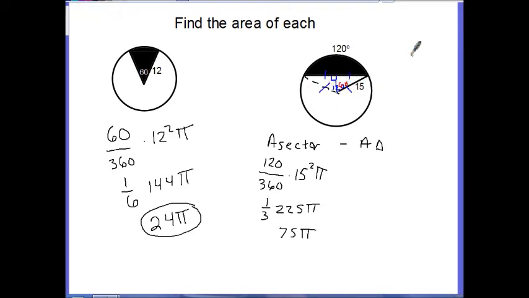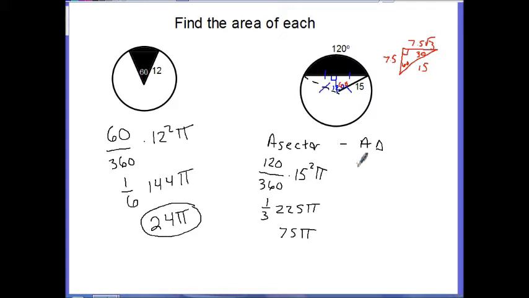I'm going to take one of those triangles and pull it out here. We have that radius of 15, that angle 60, my 90, so my other one's going to be 30. If across from my 90 is 15, across from my 30 is 7.5, so across from my 60 is 7.5 root 3. Now, for my full base, if 1/2 is 7.5 root 3, my other half is 7.5 root 3 as well.